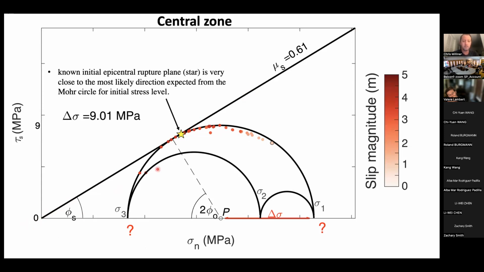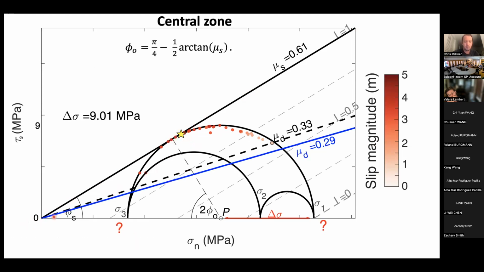One interesting feature is you can see that the fault geometry associated with the epicenter lies very close to the critical failure point right here. So now we also plot the dynamic friction line here too. This also gives an interesting idea of which faults slip within this region between the static and dynamic friction lines.